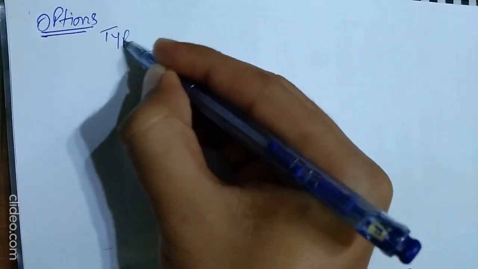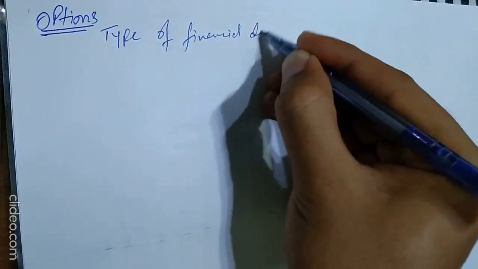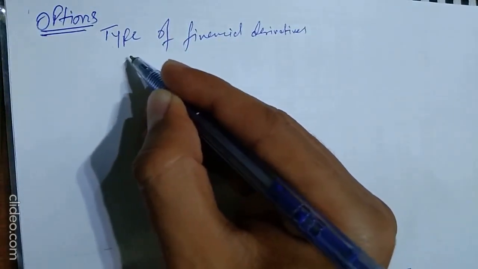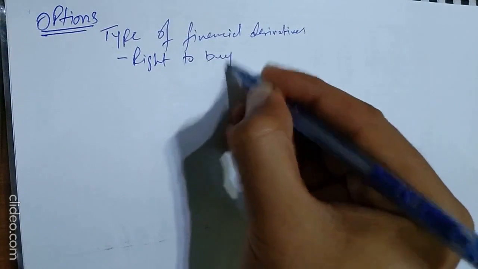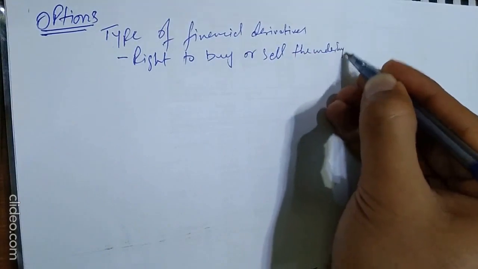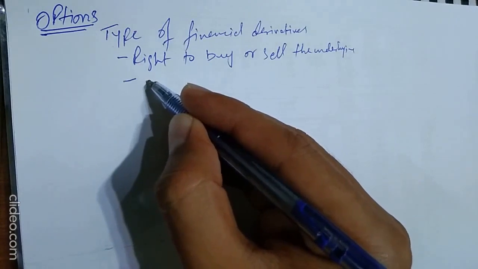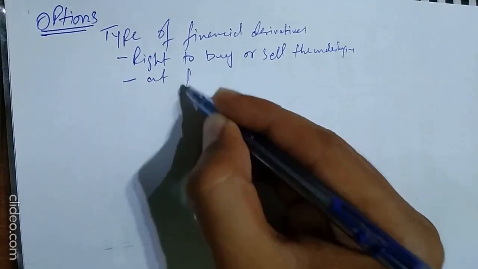This lecture is about the options contract. Options are one of the types of financial derivatives, and there are some features of these option contracts. An option provides a right to buy or sell the underlying, and another feature is that you can purchase the right to buy or sell the underlying at a fixed rate.